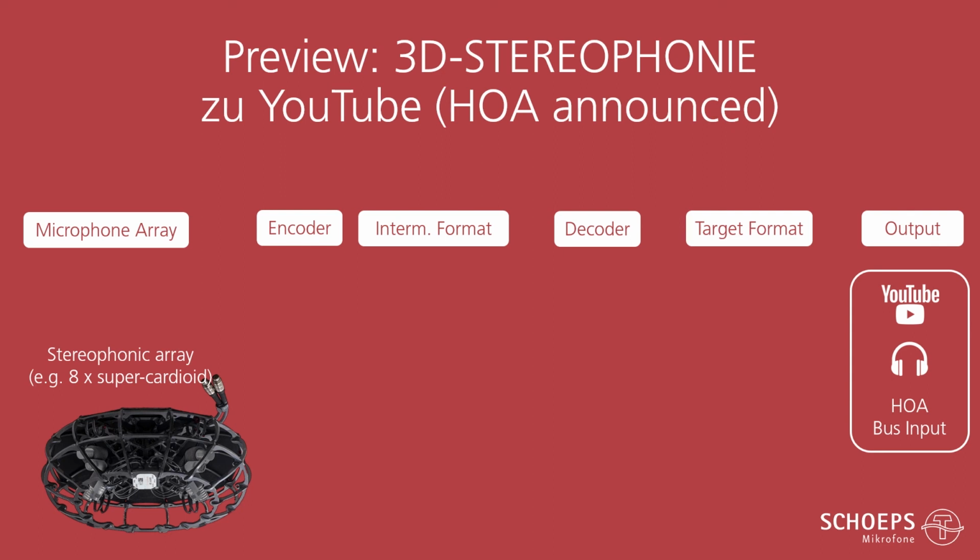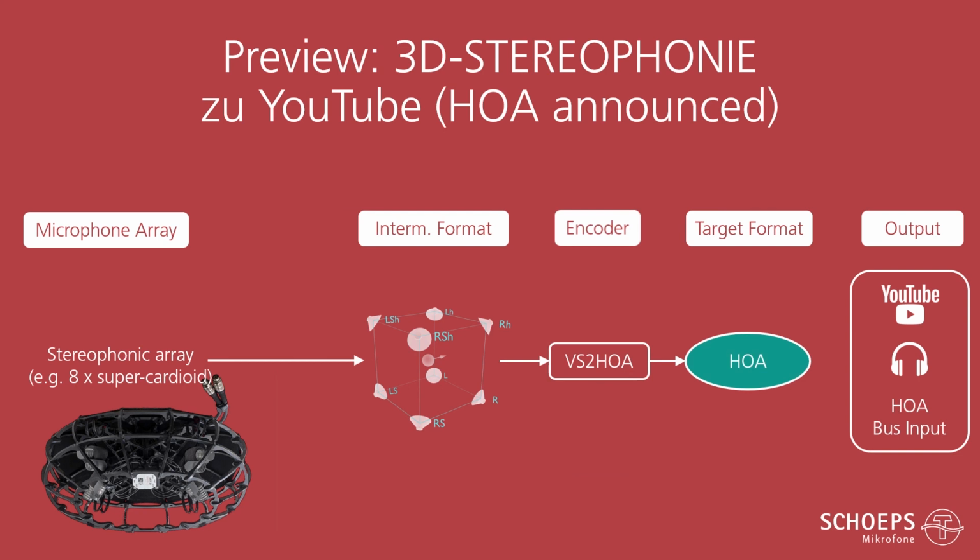For the stereophonic array into higher order Ambisonics YouTube, you would need an intermediate format, which would be, in this case, our virtual speakers. And those then need to be encoded into a higher order Ambisonics intermediate format. So now we have a stereophonic array, virtual speakers, and higher order Ambisonics, and that all works fine together if the order is high enough. And then you can just take that higher order Ambisonics bus and directly route it into YouTube.